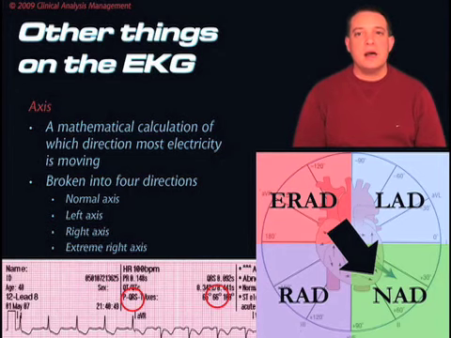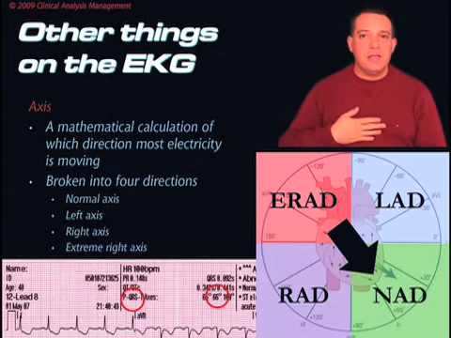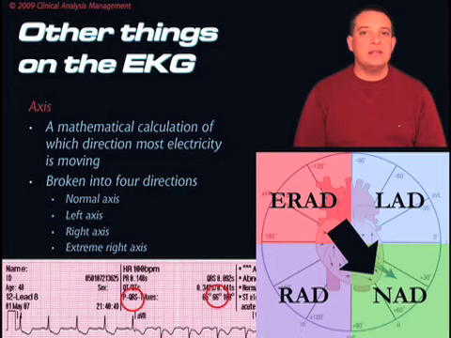Now, while we're talking about left axis deviation, it's probably important to point out one little thing. We actually have two kinds of left axis deviation. We have physiologic left axis deviation and pathologic. If the axis is anywhere between 0 and -30, we call that physiologic left axis deviation, and that doesn't mean anything.